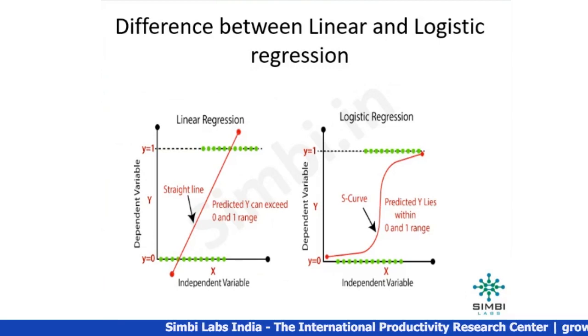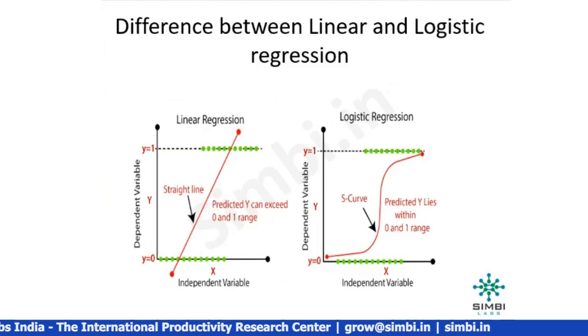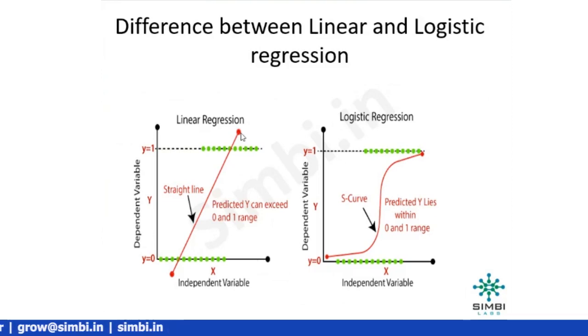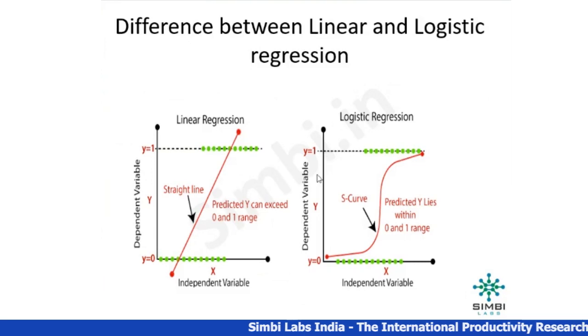Either we predict this curve or that curve. Finally, we analyze by using this S-shaped curve. But in linear regression, we follow the best fit line, which we can use to predict. In logistic regression, we predict that the dependent variable lies within the range of 0 and 1, meaning yes or no type.